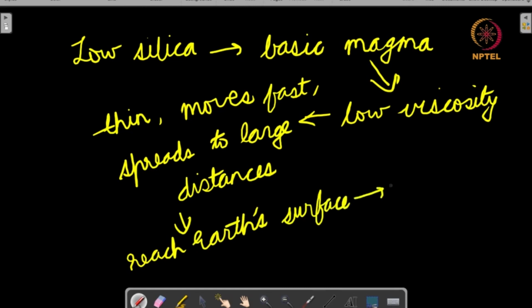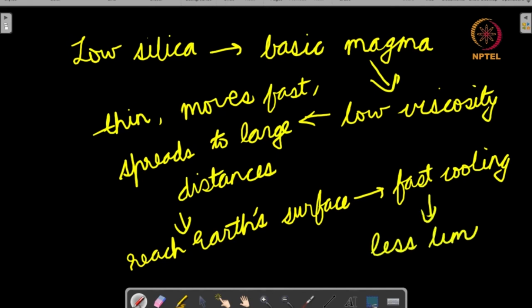Now when it reaches the earth's surface, there is fast cooling. Why is there fast cooling? Because it will either come in contact with air, or it will come in contact with water, and the heat will be very quickly lost because of conduction, convection, and radiation. Now if there is fast cooling, there is less time, and less time means that the crystals are smaller in size.